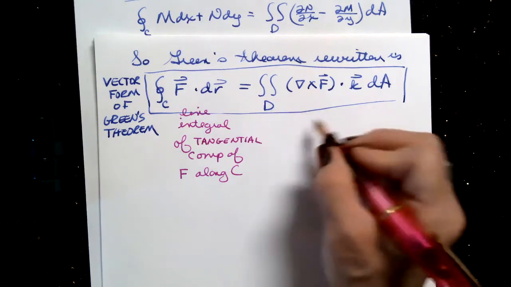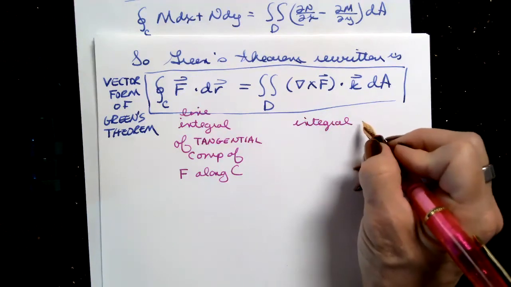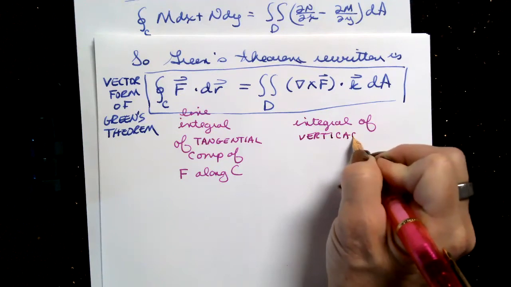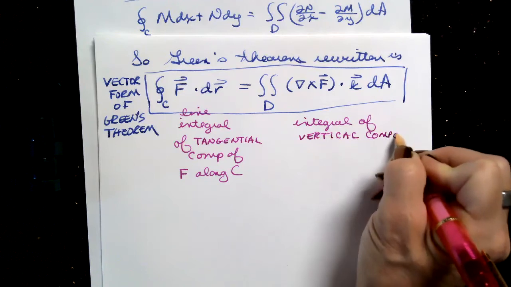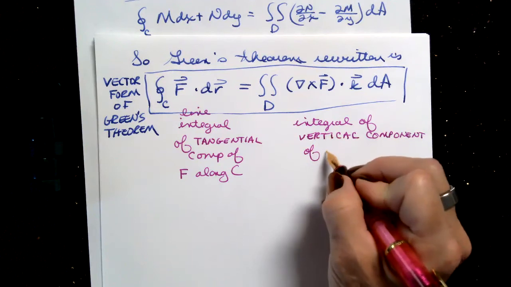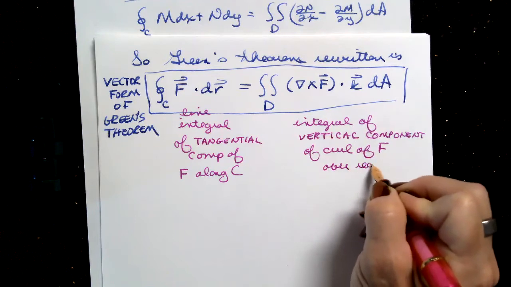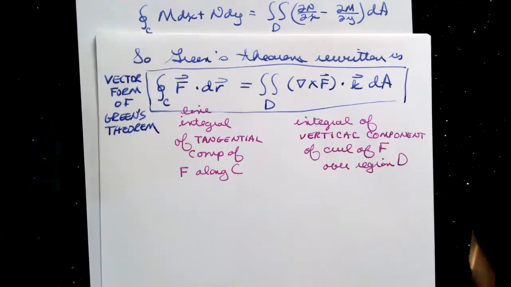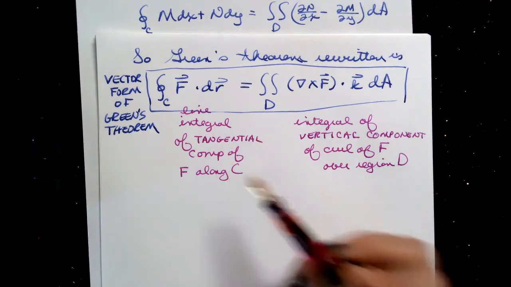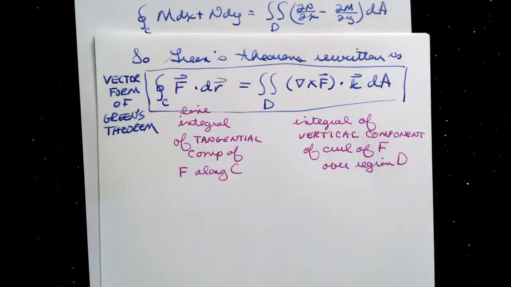So this part is the integral of the vertical component of the curl of F over the region D. Okay, so Green's theorem says that the line integral of the tangential component of F along the curve is the same thing as the integral of the vertical component of the curl of the vector field over the region.